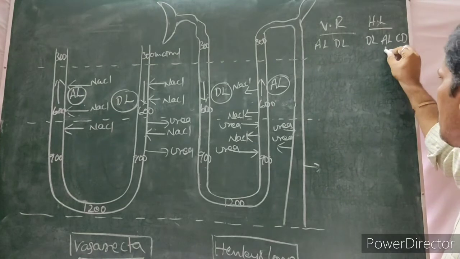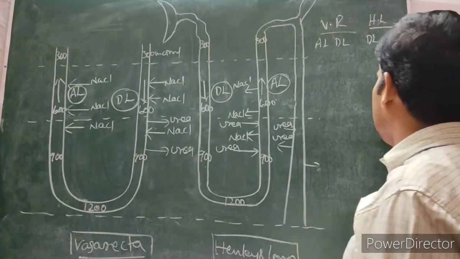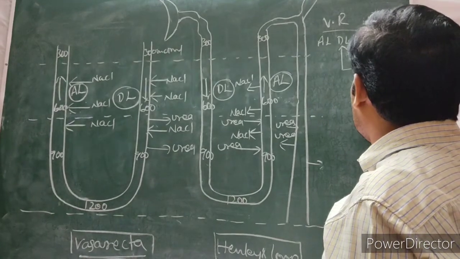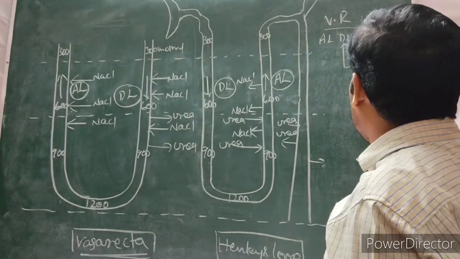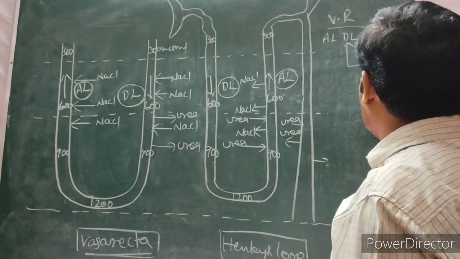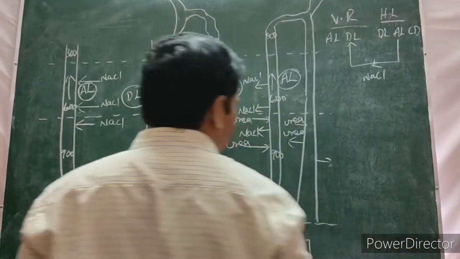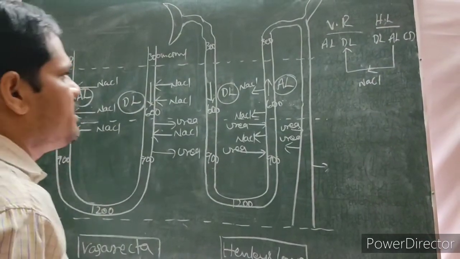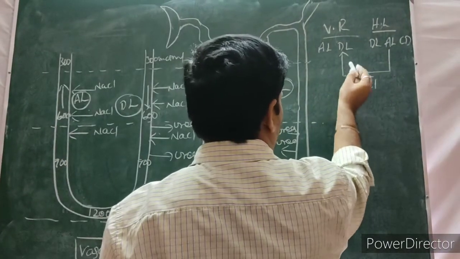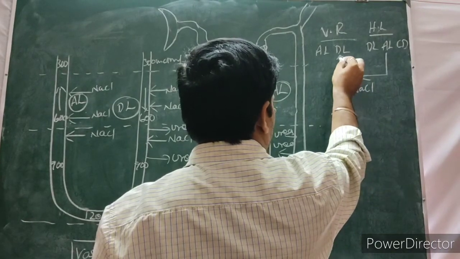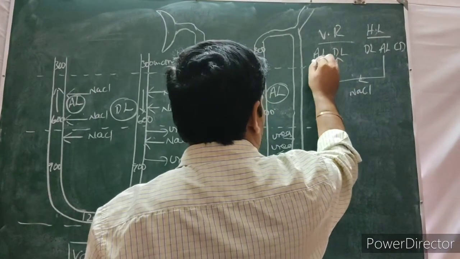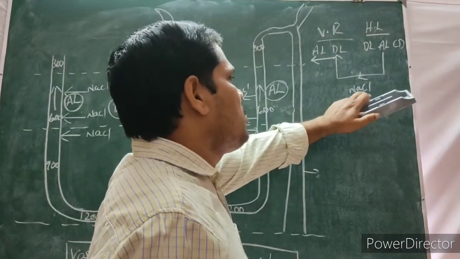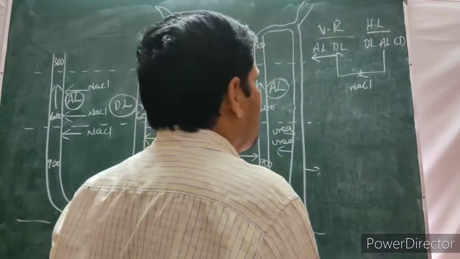Whatever sodium chloride is released from the ascending limb of Henle's loop enters the descending limb of the vasa recta. Then from the descending limb it enters the ascending limb. That is the way the sodium chloride molecules are moved.